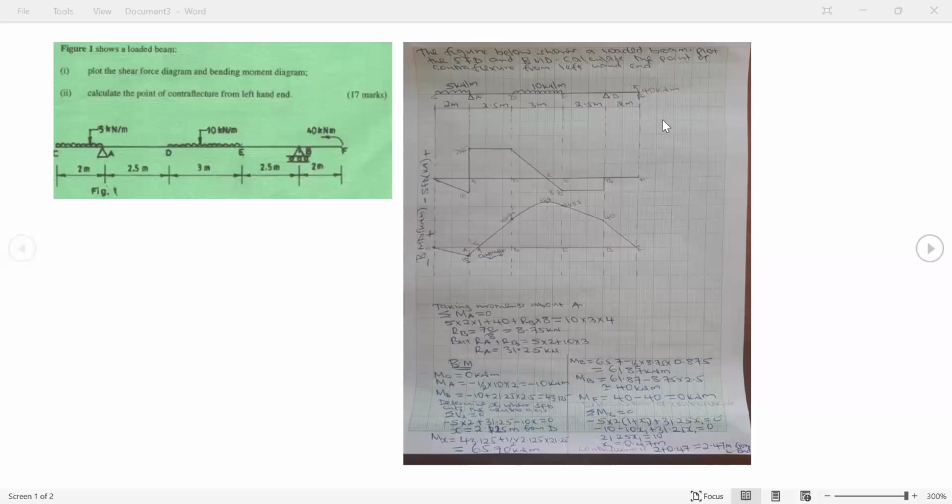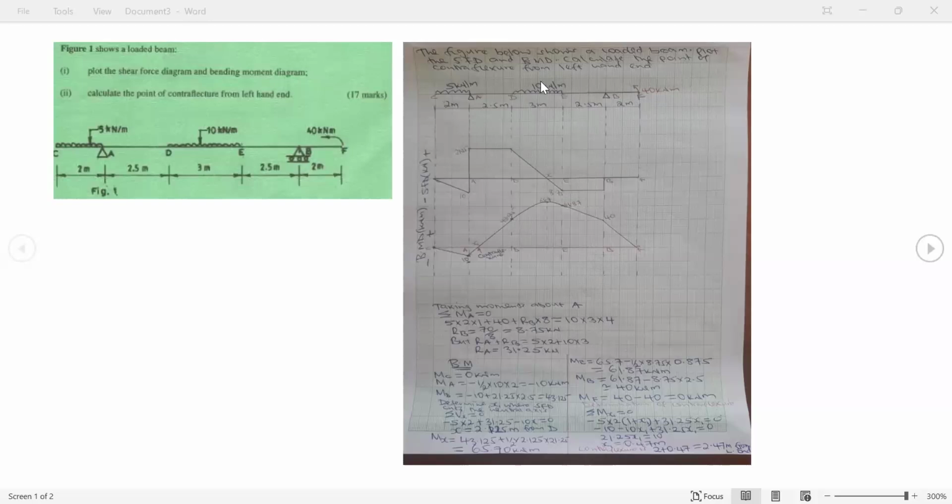Don't multiply, use it the way it is because it's already a moment. Then plus RB, reaction at B here, its distance from A will be 2.5 plus 3, which is 5.5, plus 2.5, which is 8.